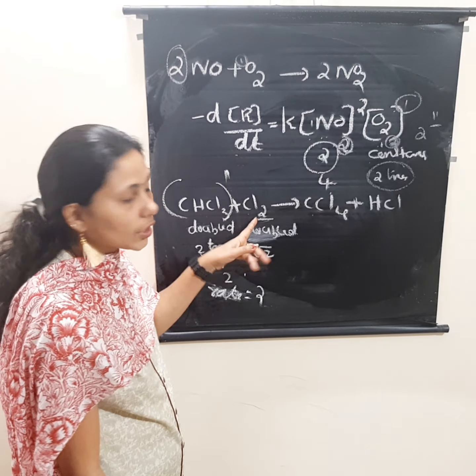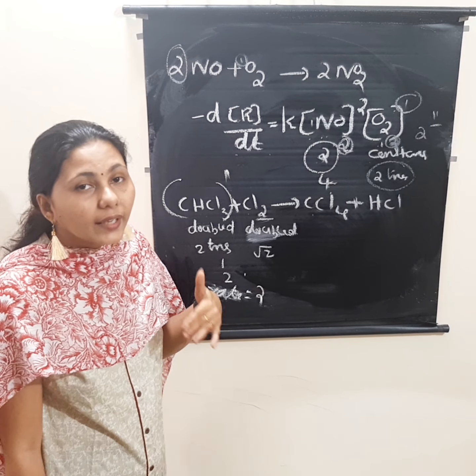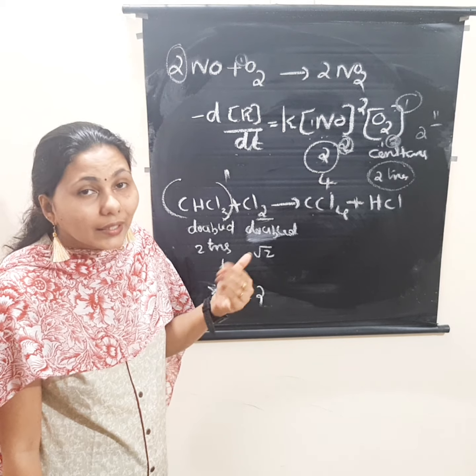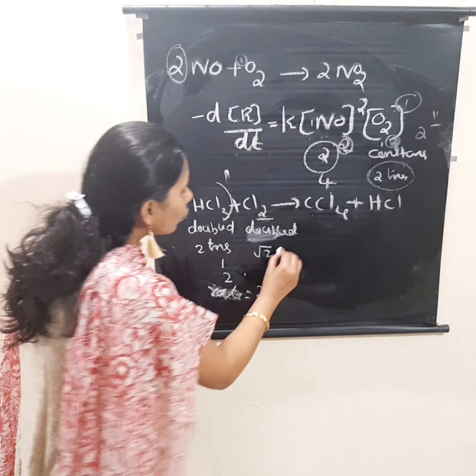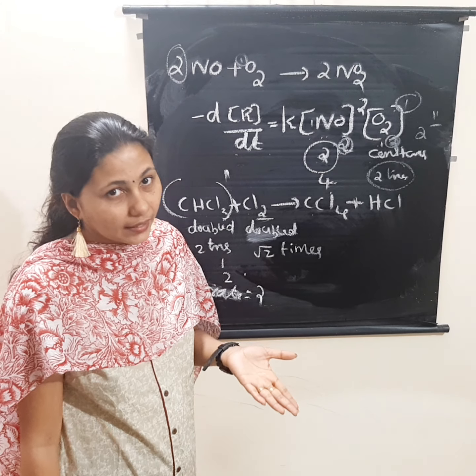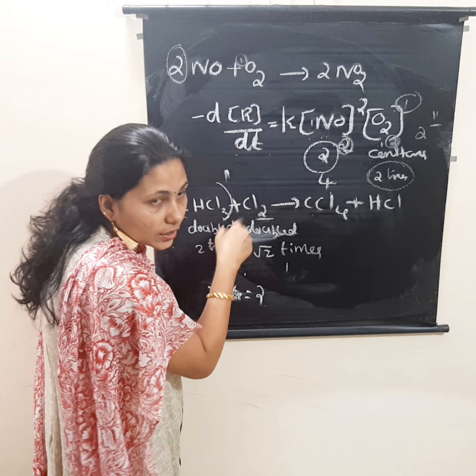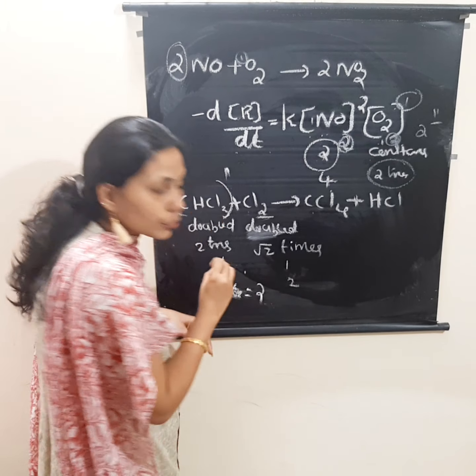They doubled the concentration of chlorine, keeping the concentration of chloroform constant. Then the reaction rate increased by how many times? Only root 2 times. Then what will be the exponent? The chlorine concentration was 1 and they doubled it to 2.